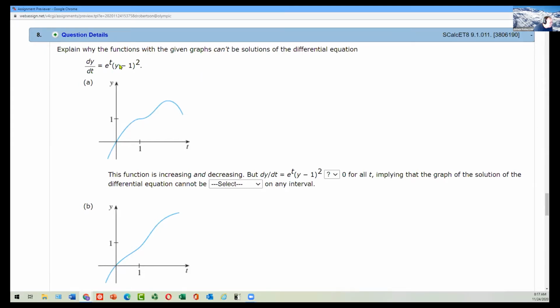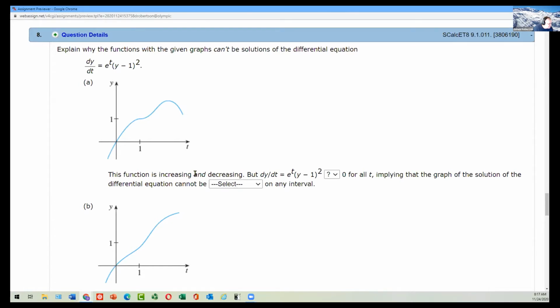No matter what number y is, won't (y - 1)^2 always be positive? Now you put those two facts together, doesn't that make dy/dt always positive? And that means it has to be always increasing. Can you see this function stops increasing and goes downhill? That's essentially why this cannot be a solution to that.